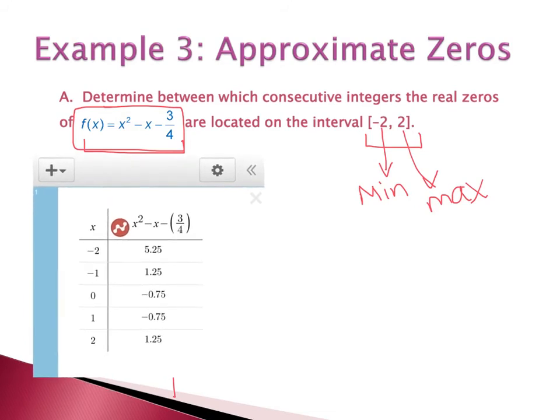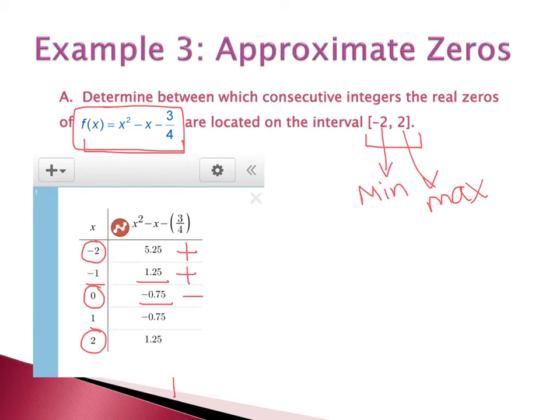Now I can analyze what's going on in the table. Notice that my x value has a minimum of -2 and a maximum of +2. At -2, my y coordinate is positive, and at -1, my y coordinate is also positive. Then all of a sudden at an x value of 0, we switch to a negative y value.